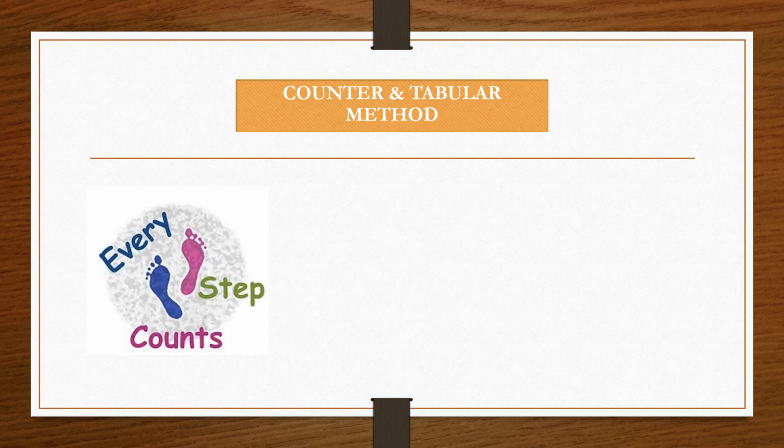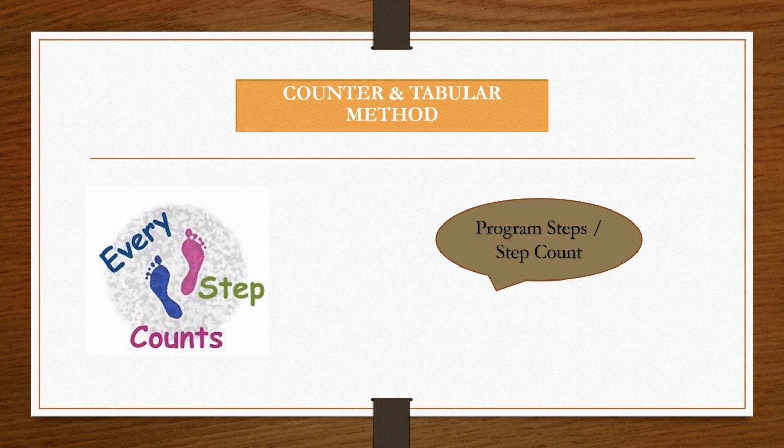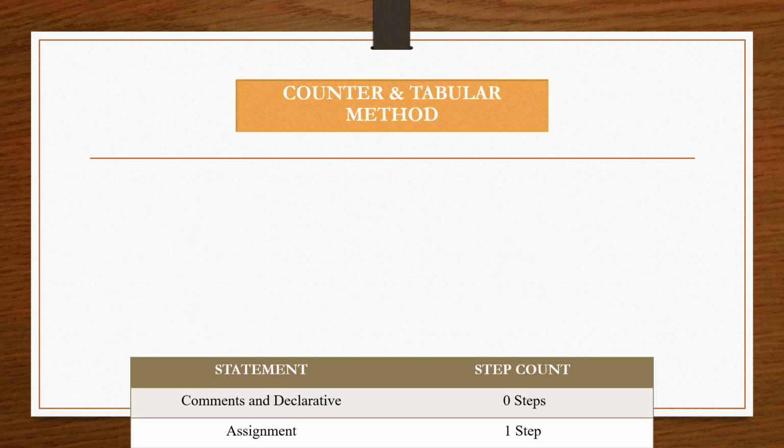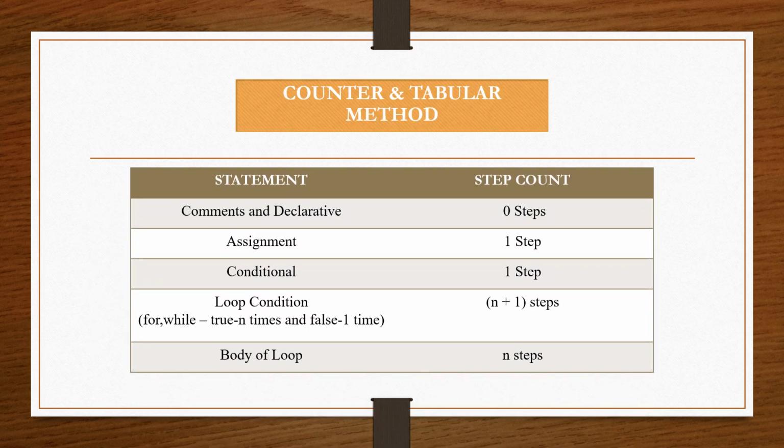So what do we do in the counter method? Every step is counted here. The program steps, or the step count, counts the number of executable steps. If there are comment lines or declarative statements in your algorithm, then they take 0 steps. If there is an assignment statement, then 1 step.